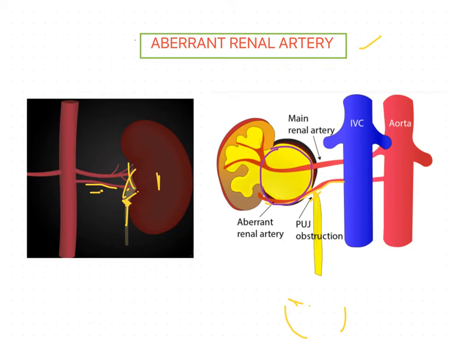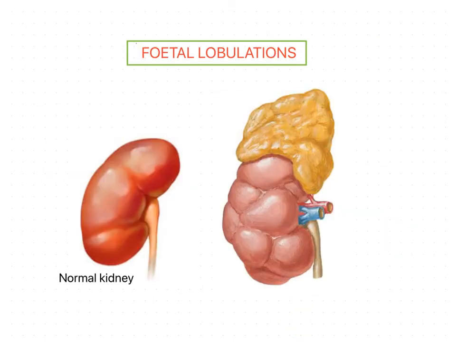Okay, next we will move on to the next congenital anomaly, fetal lobulation. Here this one is the normal kidney and this one is the lobulated kidney. What actually happens here is that the fetal kidney presents fissures on the surface and has a lobulated appearance, like this.